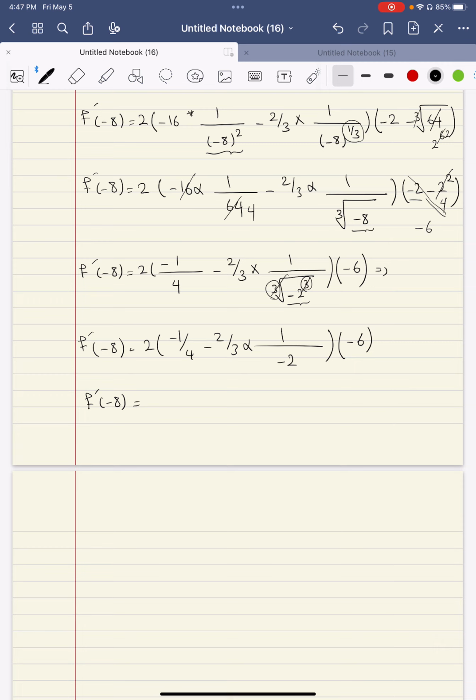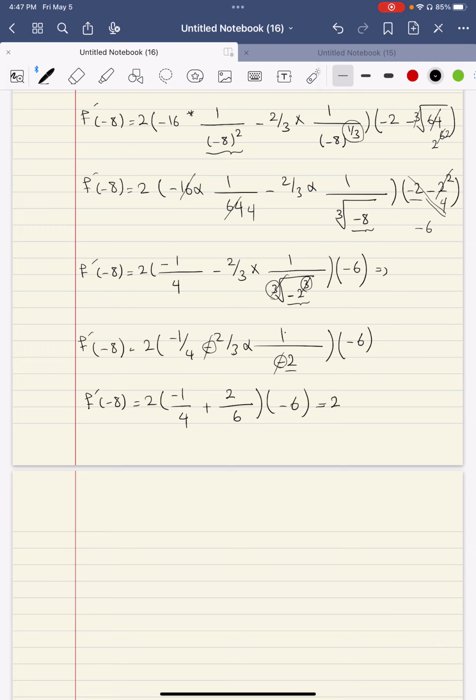F prime of negative 8 would be 2 times negative 1 over 4 minus, we have negative 2 over 3 times negative 1 over 2. So the negatives would cancel out and make a positive value. 2 times 1 is 2 and 3 times 2 is 6. Bracket, negative 6.